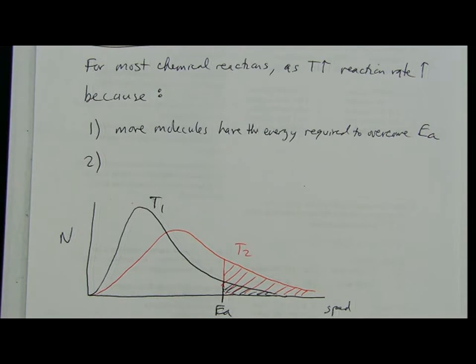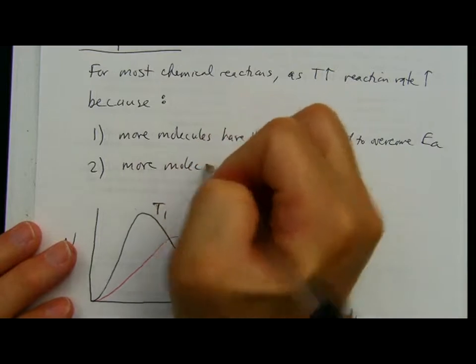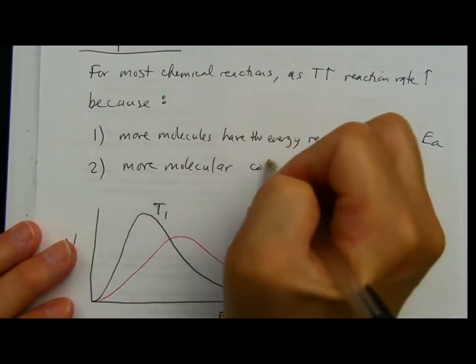But I'm talking about any general case. I'm not going to put that specific case because in most cases, that's not going to be the kind of reaction we're going to look at. Yes? Since speed increases, collisions increase? Yes, the number of collisions increases. So more molecular collisions.